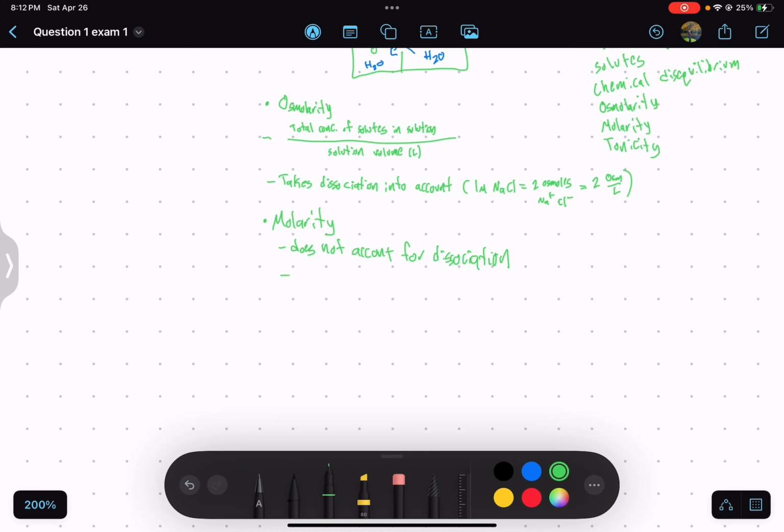Molarity is the concentration of a specific solute. So with that being said, if you have 1 NaCl, that's going to equal 1 molar NaCl.